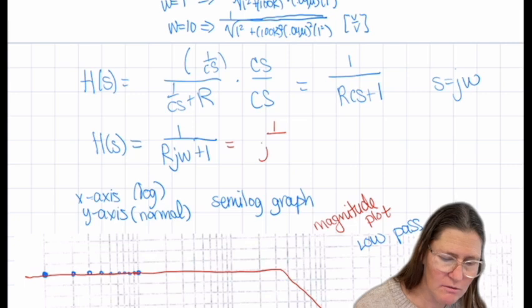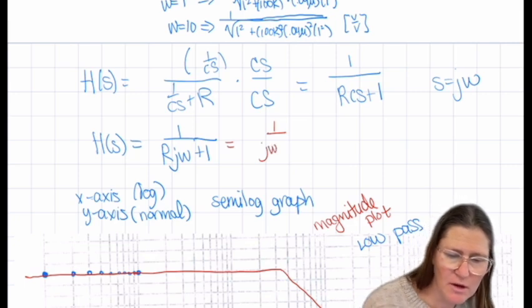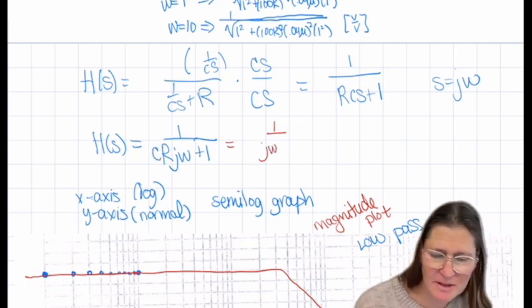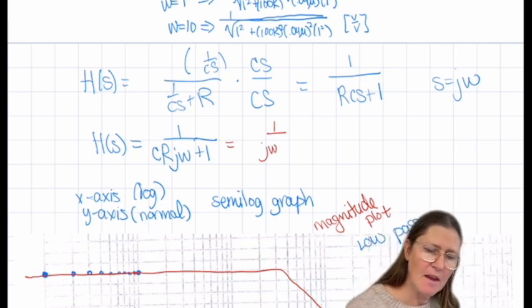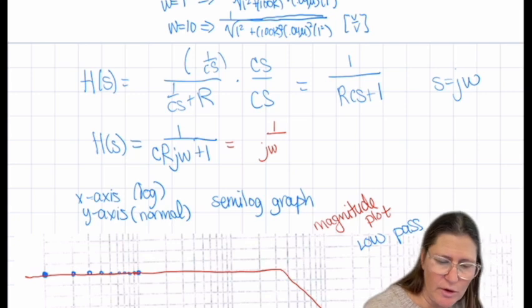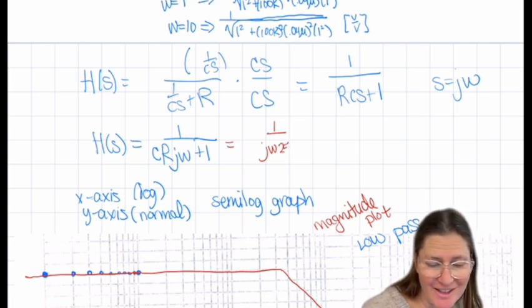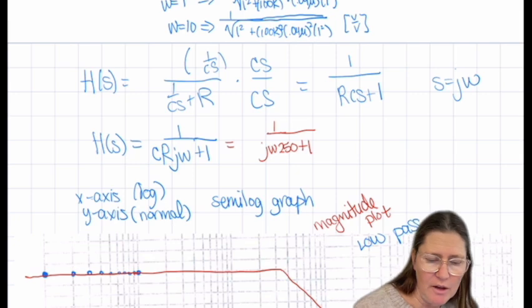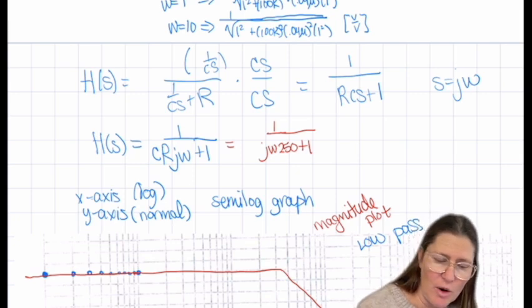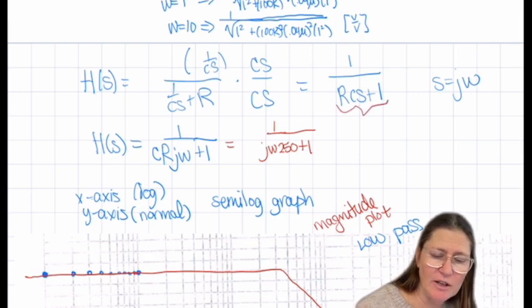And j omega, I'm missing my C in here too, RC. So this value, if you multiply it out, the R and the C is 250 plus 1. I like to look at it in the form of RCs.